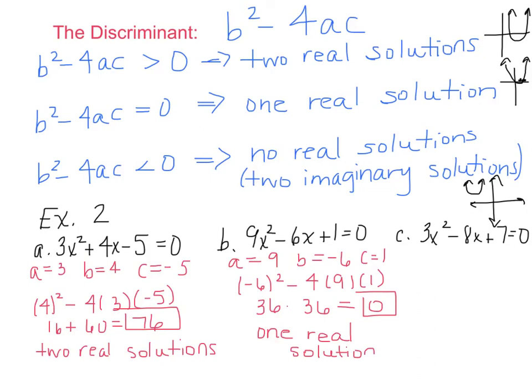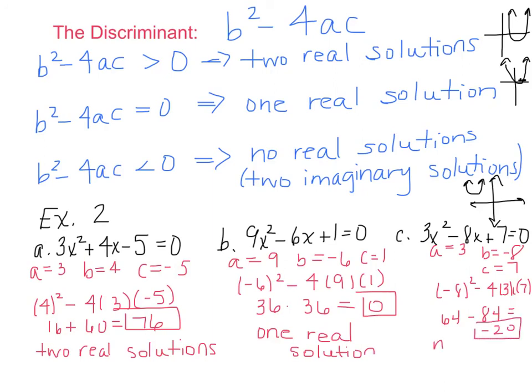And then the last one, a is 3, b is negative 8, and c is 7. So we get negative 8 squared minus 4ac. So we're going to get 64 minus 84, which equals negative 20.